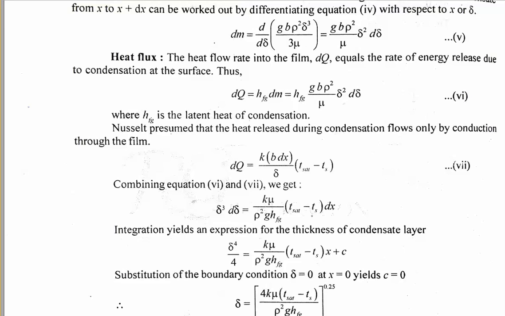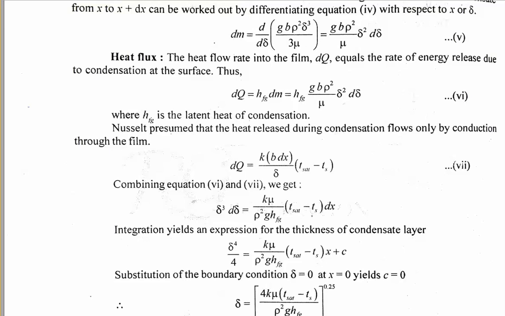Combining the equations, we will get del cube d del is equal to k mu into the temperature difference T saturation minus Ts into dx by rho square g h. Integration yields an expression for the thickness of the condensate layer.